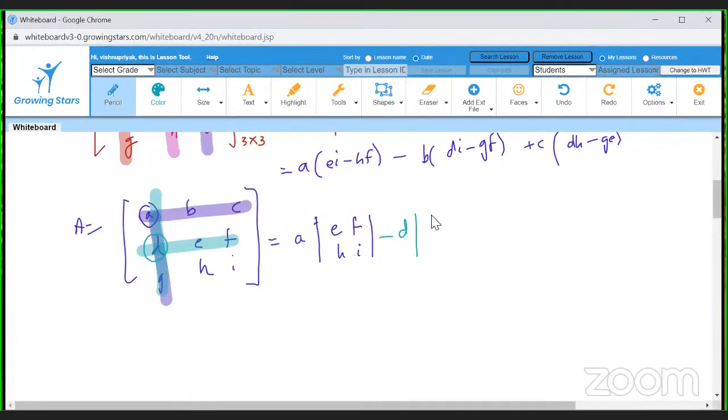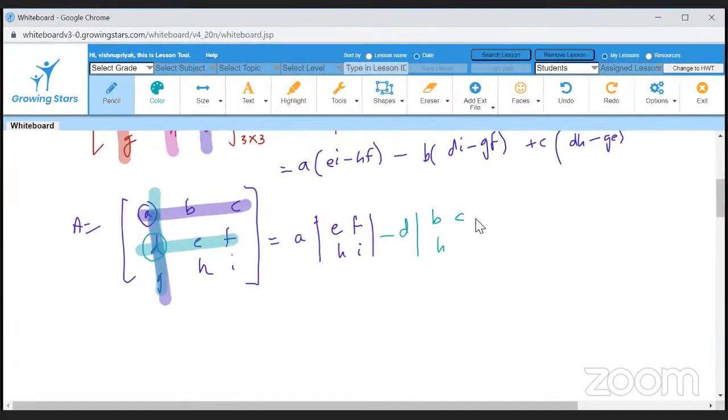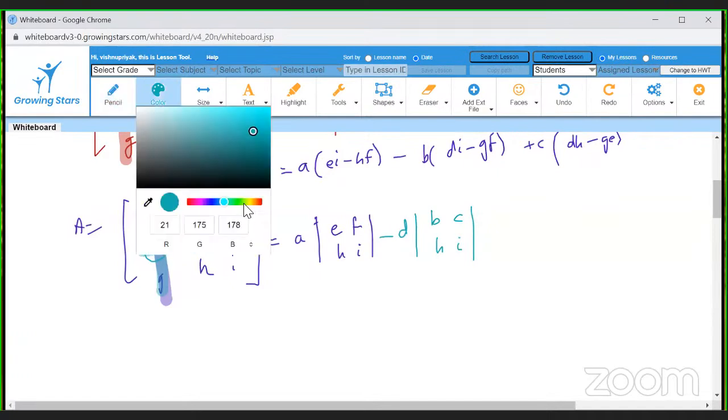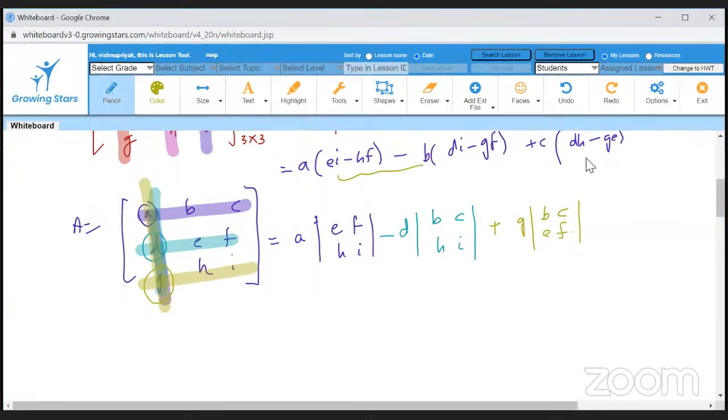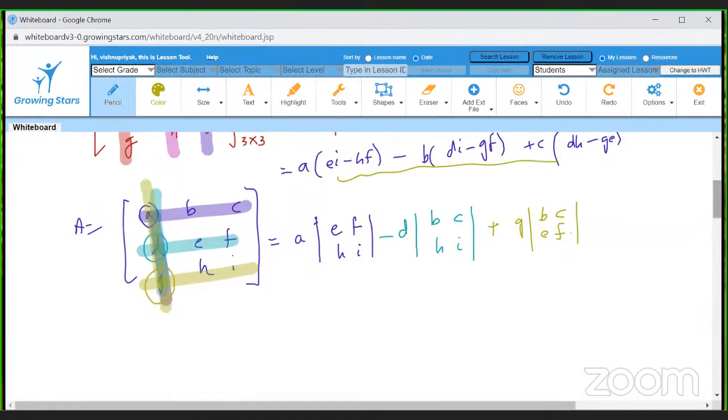The left elements are B, C, H, I. And then next, plus the last number G into, remove the G row and G column. Left elements are B, C, E, F. Like this you can do.